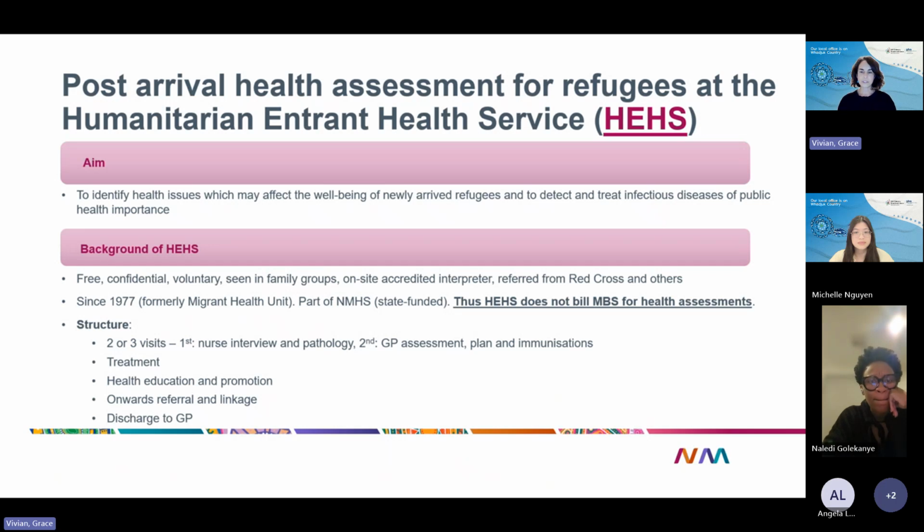We also provide health education. And really importantly, we refer onwards to our parties in the community who really help support our clients, and I'll refer to this again later. And then after this, we discharge to general practice. So this is where your role comes into play.